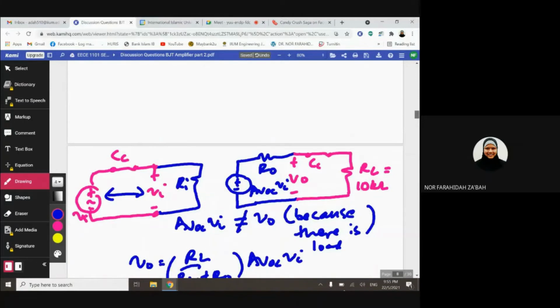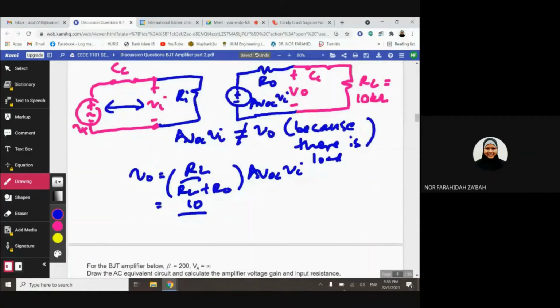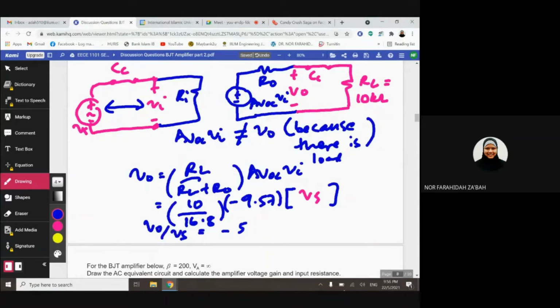R naught is your RC just now, so 16.8. AVOC is minus 9.57, and your Vi is equivalent to Vs, because they are in parallel. So finally, you're going to get the gain V out over Vs equivalent to minus 5.7. Okay, 5.7, that is the gain.